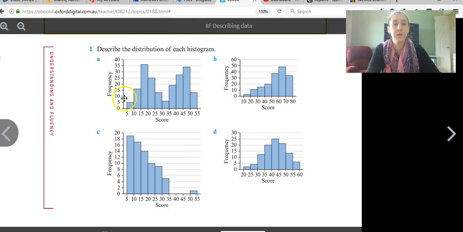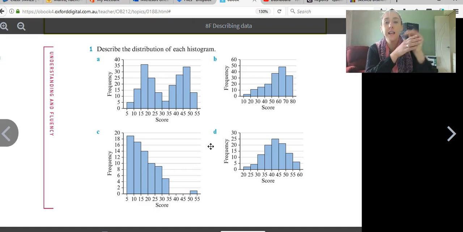So this first one, can you see that we've got these 2 peaks, I would call them, in this data? Although you could look at it and say that it's symmetrical, what it actually is is bimodal, in that it's got 2 points where it is most frequent.